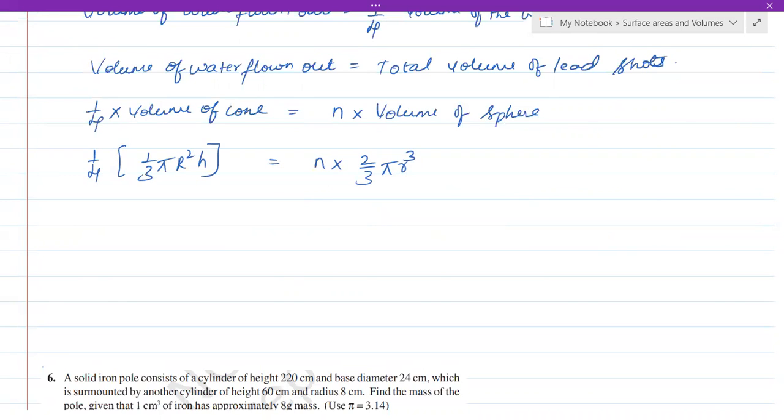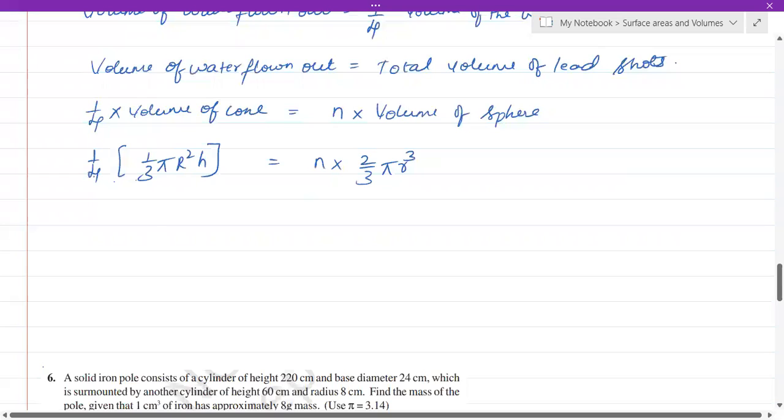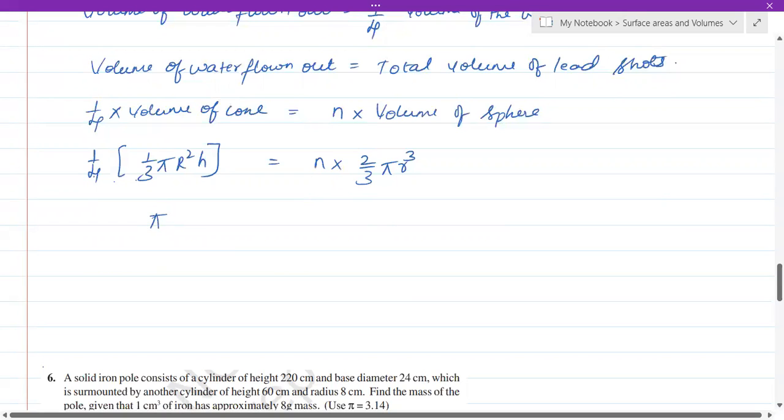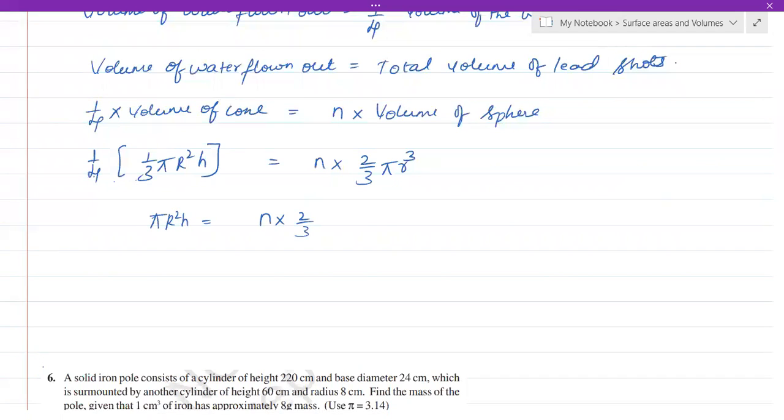What we'll do is this 4 and 3, which are in the denominator, let's send them to the other side. So here you will be left with pi R square h, that will be equal to n into 4 by 3 pi r cube into 4 into 3, isn't it?